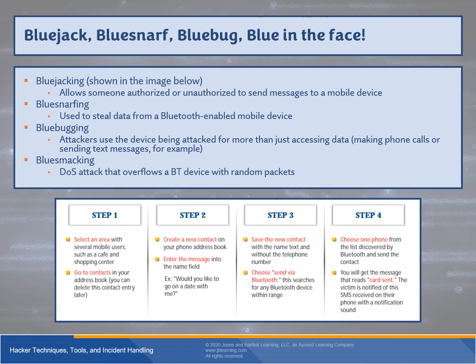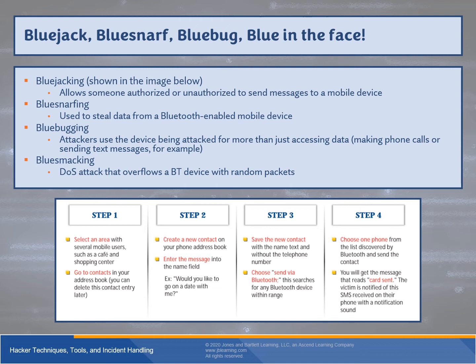If you go into an area where you have the ability to observe these interactions, go into your contacts, create a new contact, enter the message into the name field, save the contact, and then send via Bluetooth to any device within range. You go ahead and send the card. They get a little message that pops up, and they have the message in the name field, so it's automatically going to be a message that shows up on screen.